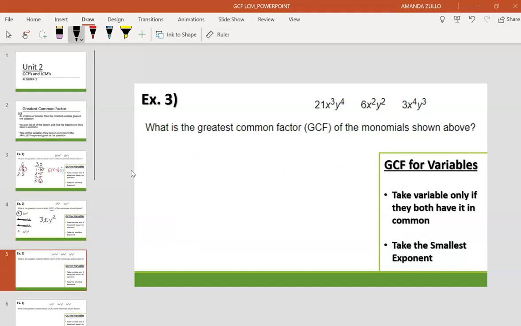let's try this again. All right, now we're given the GCF for 3 terms instead of 2. So we're going to do the same thing: 21, 6, and 3. You already might know what the GCF is because this one's a little bit more simple.